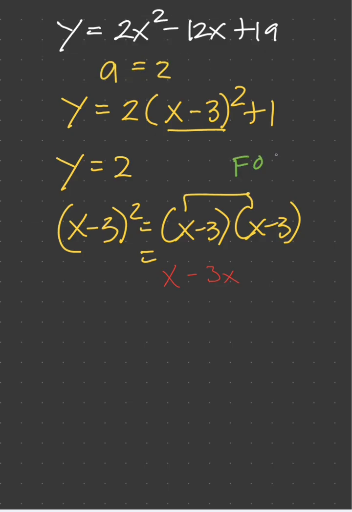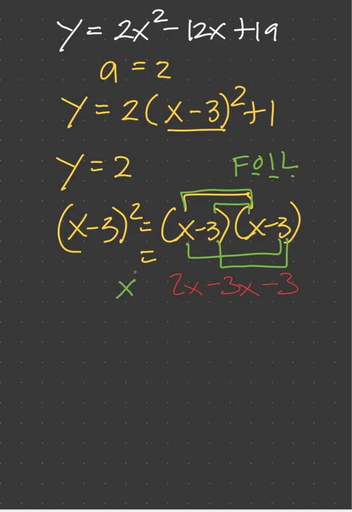FOIL: first, outward, inward, then last. So first, this one, then outward, then inward, then last. So that is x times x, so that is x squared.